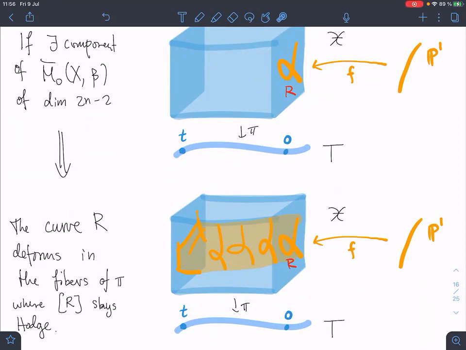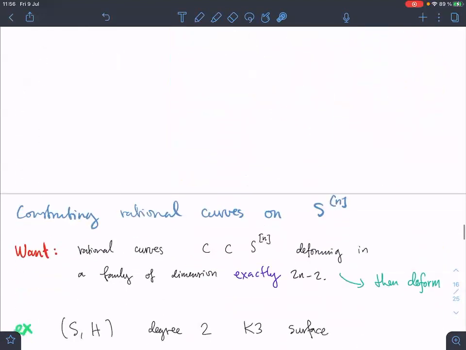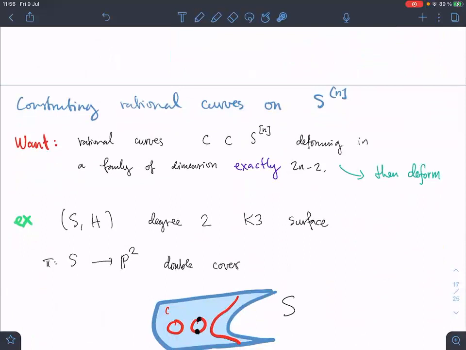Okay, this is very, very useful. This is going to be the magic of the proof: now we can start with special irreducible symplectic varieties and try to produce rational curves that we know deform out to cover more general moduli spaces. So now our job is to actually produce rational curves.